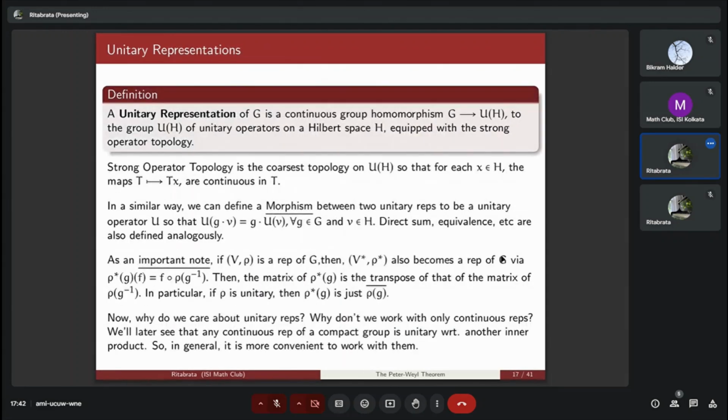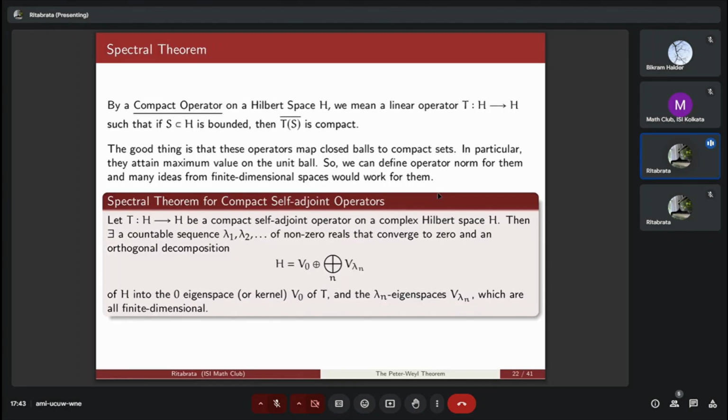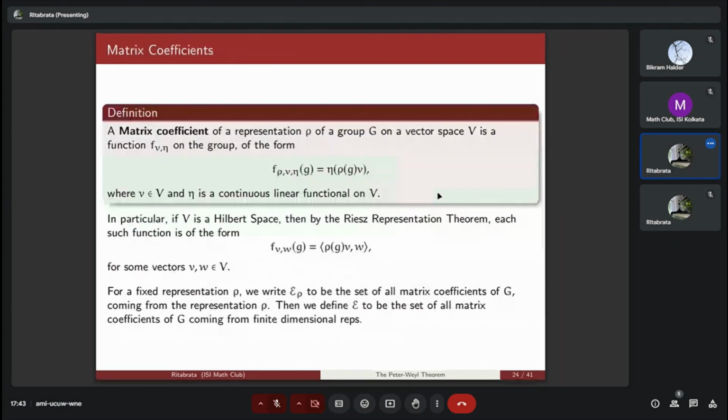So if rho is unitary, then rho star of g is just rho of g bar. So for unitary operators, the dual representation is the same as conjugating. And if I have a linear functional, then the dual representation will basically be the same as conjugating the function.